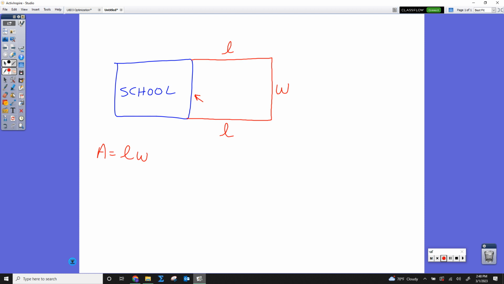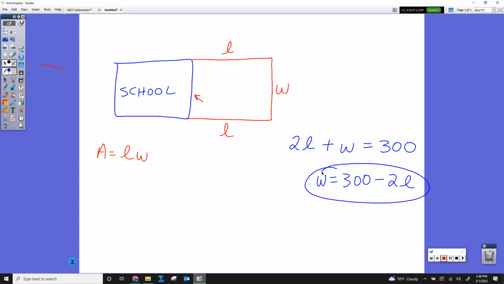But we know that if we take 2L plus W, right, that was the part that's in red, our fencing, that is 300 feet of fencing. What we can do is we can take this 2L and subtract it over to the other side. So now we have the width in terms of our length, and we can substitute, right, this part right here, this width equals 300 minus 2L, in place of W in our area equation.